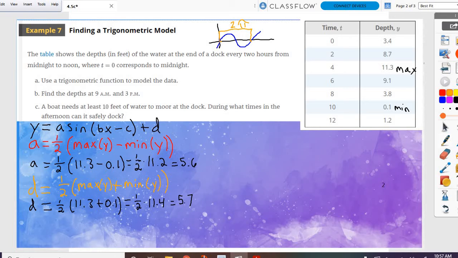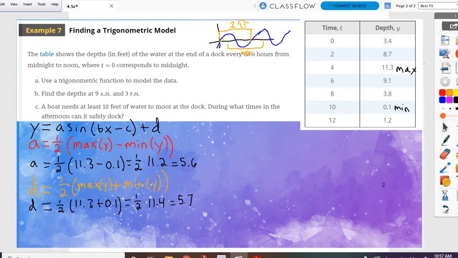But notice that if we were to continue our graph, because it's a periodic function, if I were to look at any two of the same type of values, it also has to be 2 pi in between those. So if I have a maximum to a maximum, that would also be 2 pi. Or a minimum to a minimum would be 2 pi.